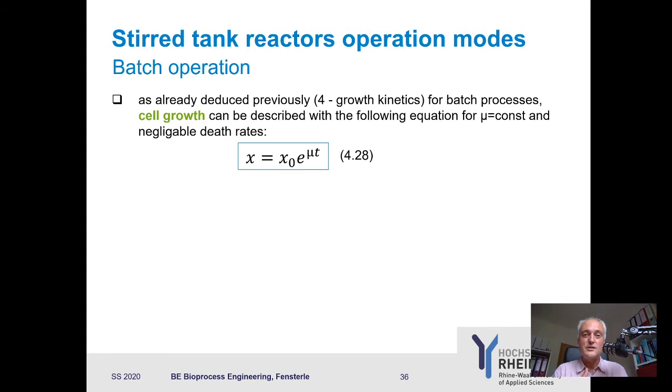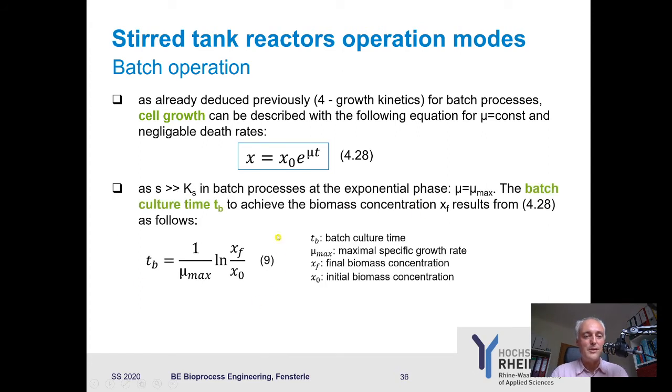The volume is constant, which is of course the case in a batch system, and the specific growth rate is constant, is mu max, which is also the case in batch culture, as based on Monod the substrate concentration is way higher than Ks. And simply by solving it for Tb, we came up with this equation 9 here, that our batch culture time is ln of the final biomass concentration divided by X0, divided by mu max, and then we have it.